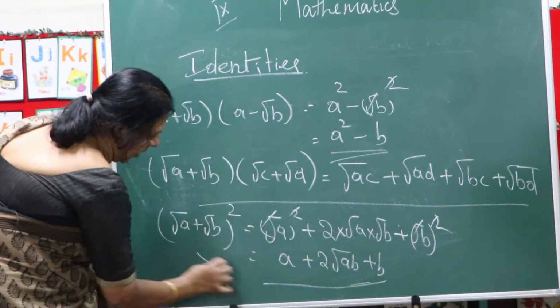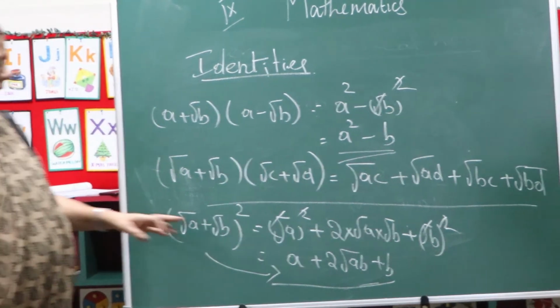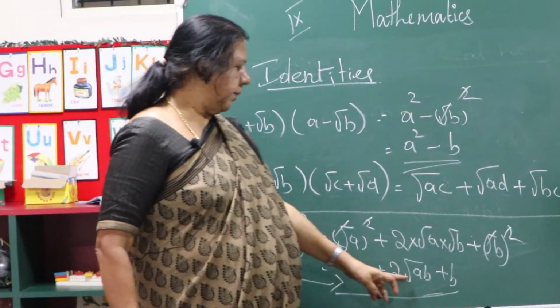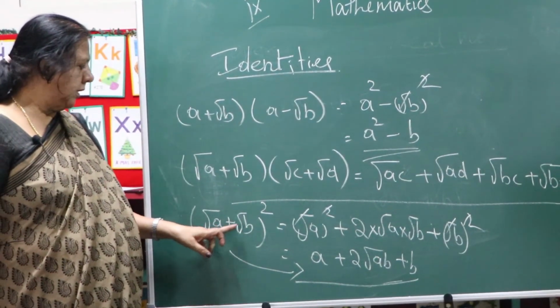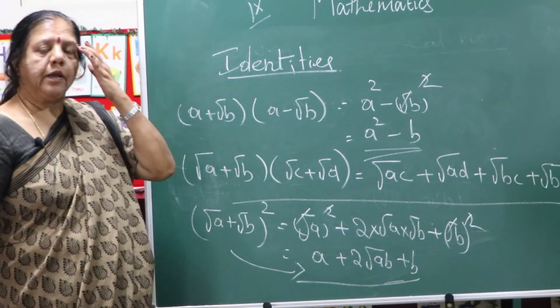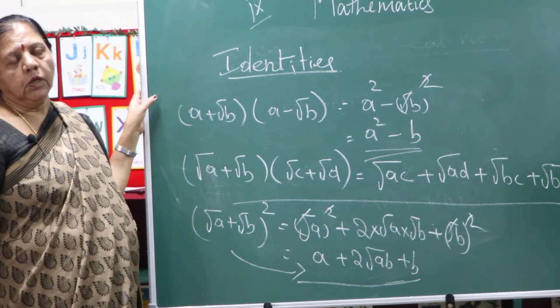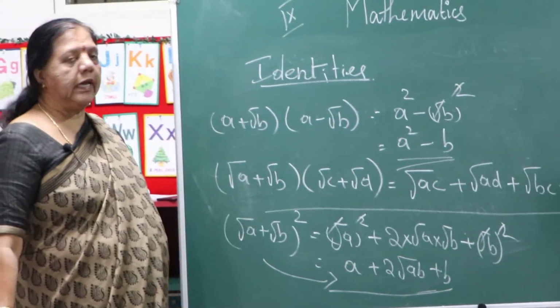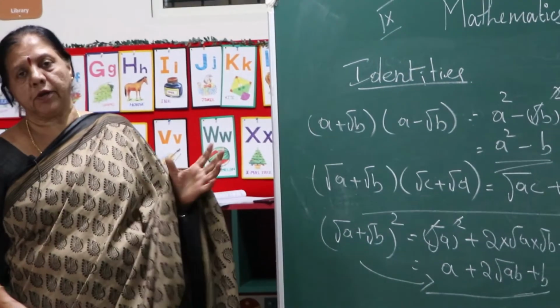Generally you use a square plus 2ab plus b square, but here (root a plus root b) whole square is there. That is why you get this identity. So far you have learnt nearly 7 to 8 identities under this chapter.